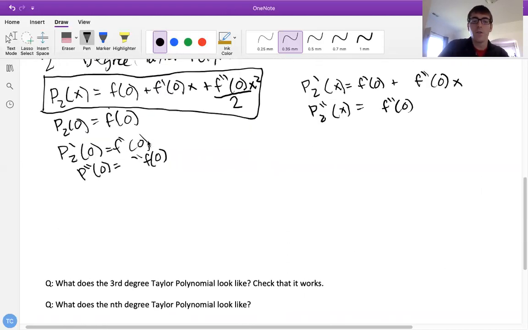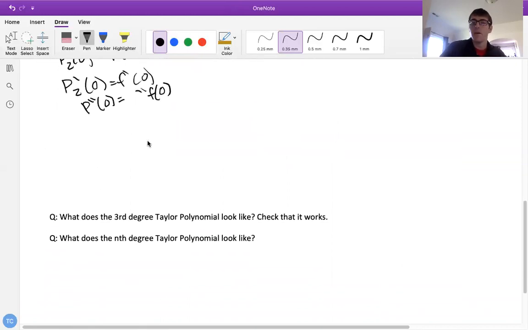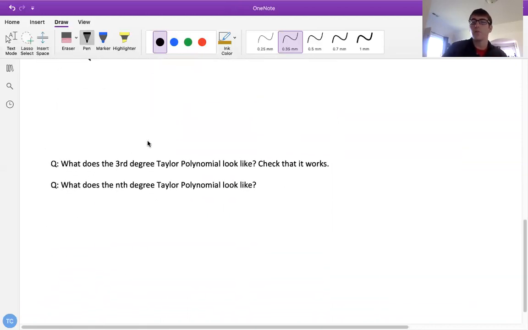So the question I have for you that you should work on in your groups, if you are choosing to use a model in your discussion group, one thing you could do is walk through what a third degree Taylor polynomial looks like.